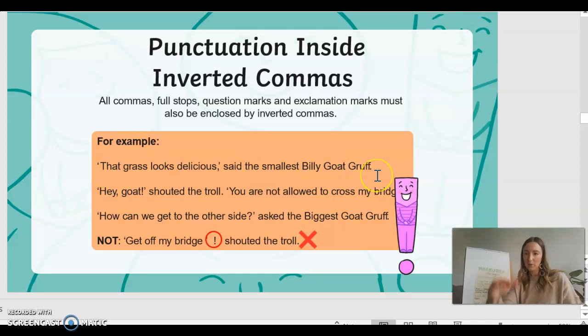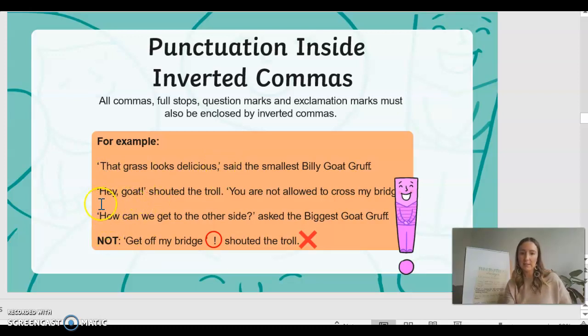So I'm going to use some visuals to help you. I'm going to read this sentence. So that's my sound for talking marks. That grass looks delicious, comma, inverted commas, said the smallest billy goat gruff, full stop. So you can see how the comma is inside the talking marks.